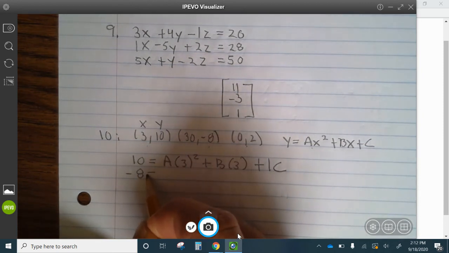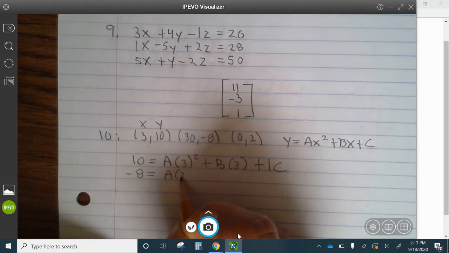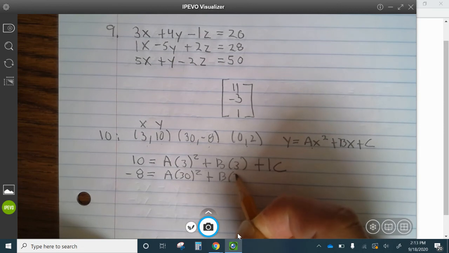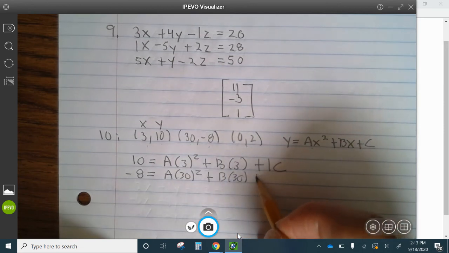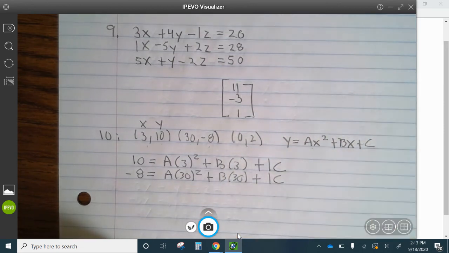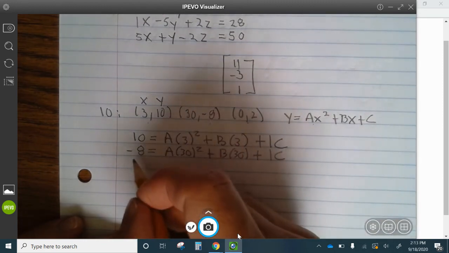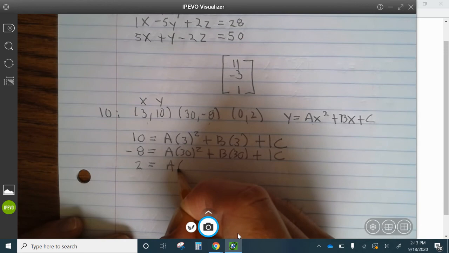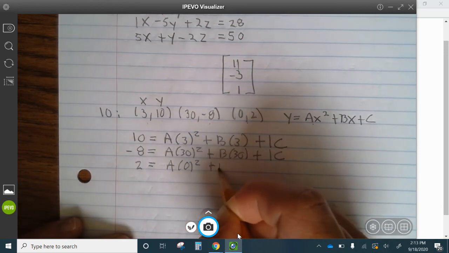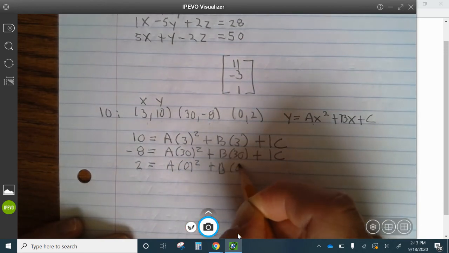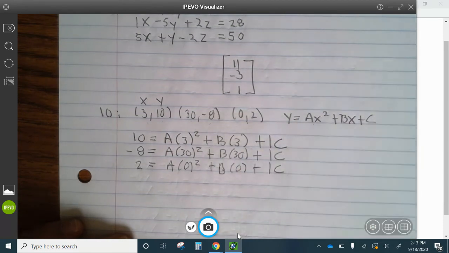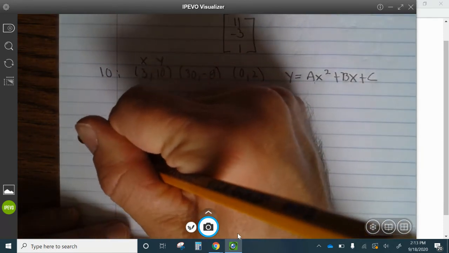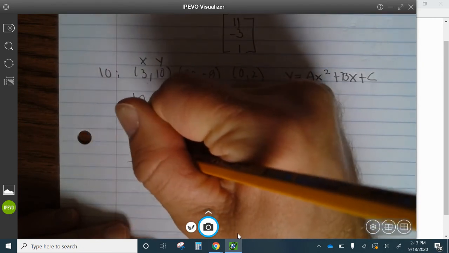So then that's 10, negative 8, 2. 3 squared is 9, so it's 9a plus 3b plus 1c. And then 30 squared is 900a plus 30b plus 1c. And then that's 0a plus 0b plus 1c.